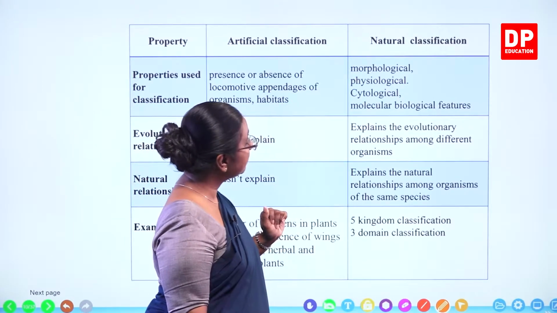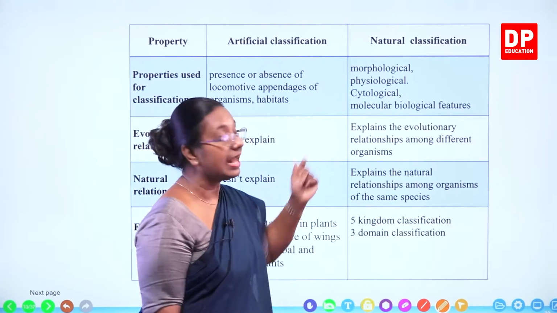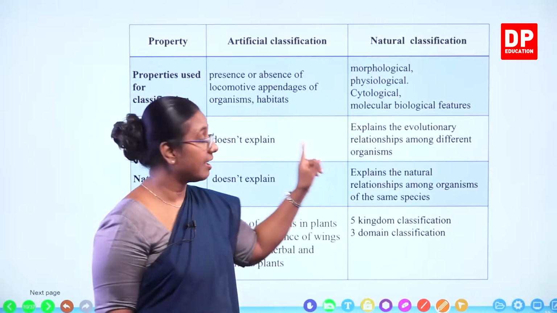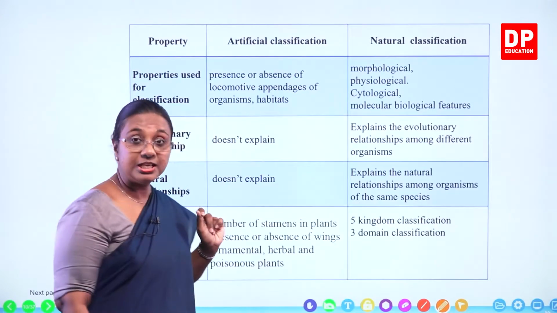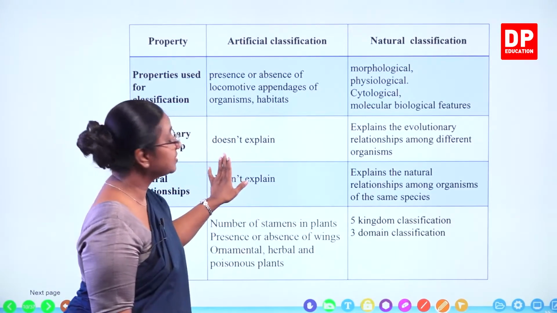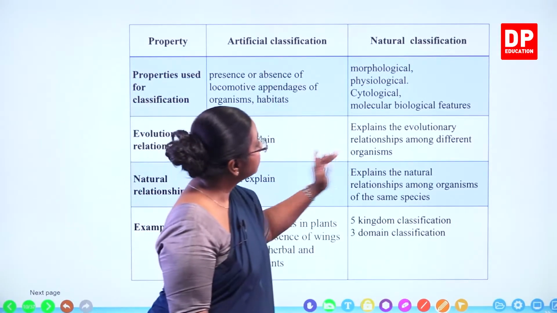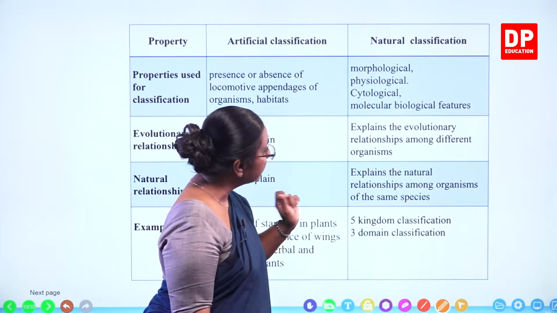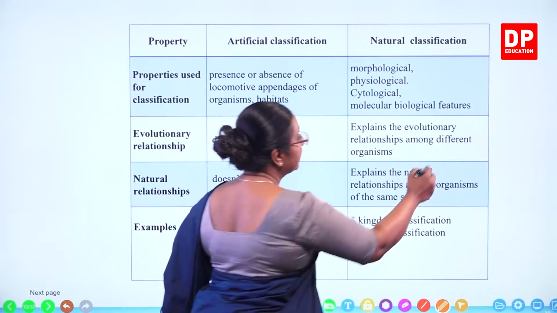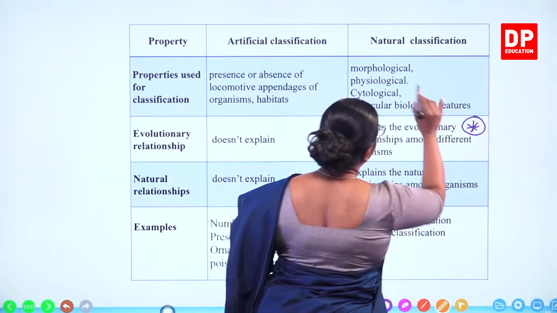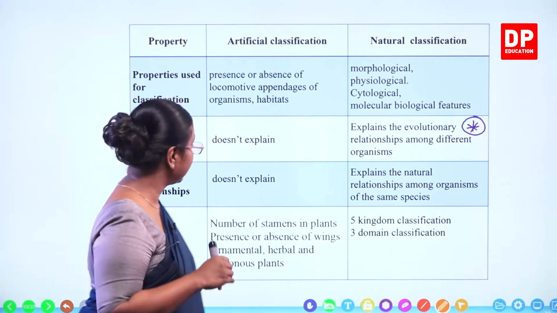Whereas in natural classification, we consider all these: morphological, physiological, cytological and microbiological features. I have explained what they are to you. Then if you look at the evolutionary relationships, the artificial classification does not explain the evolutionary relationship. Whereas the natural classification explains the evolutionary relationships among different organisms. That is one importance of natural classification, or why we really needed the natural classification.